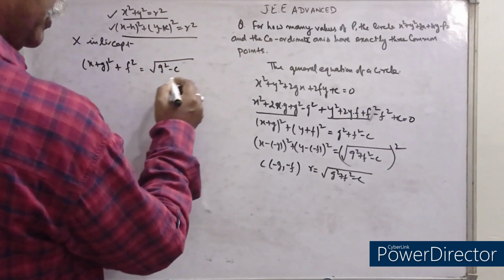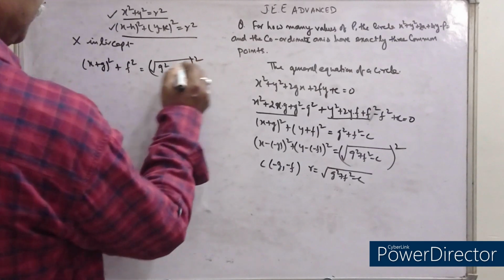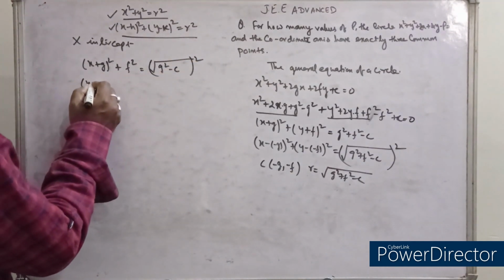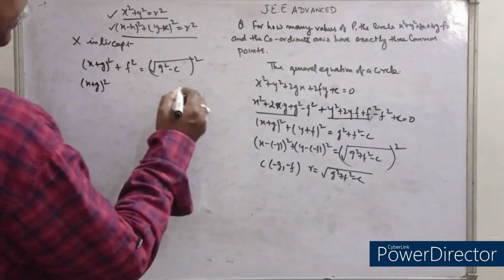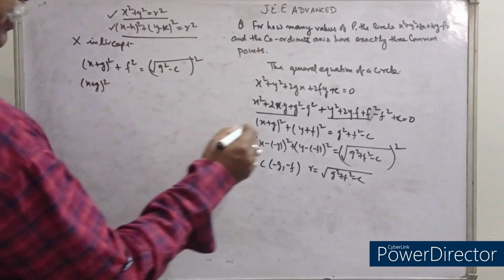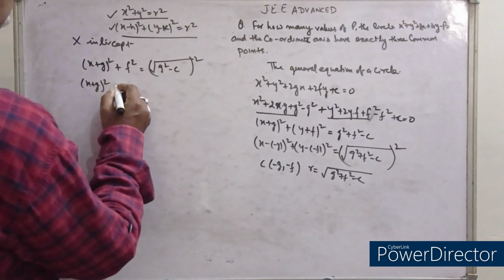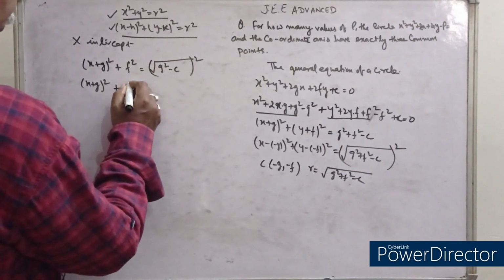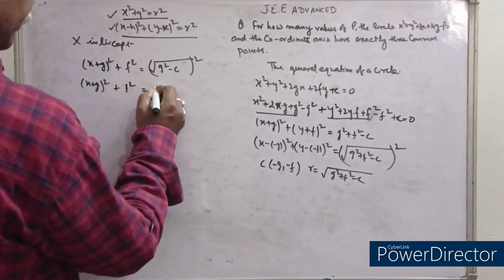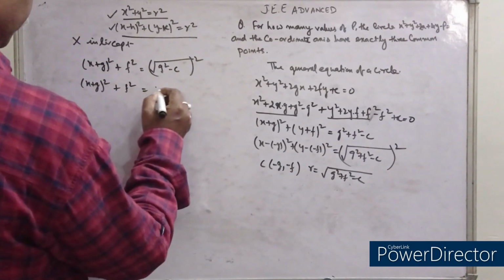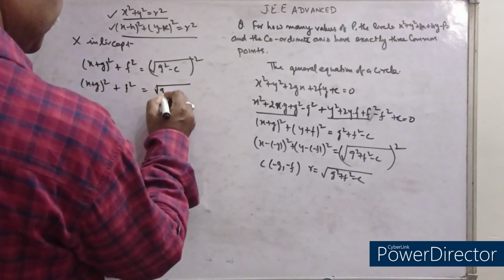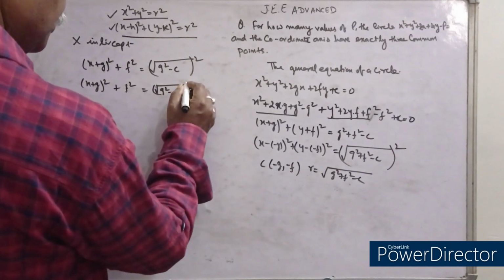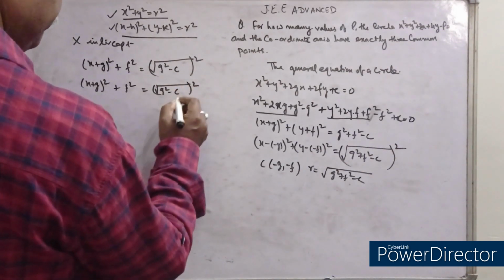So x plus g the whole square will be g square minus c.